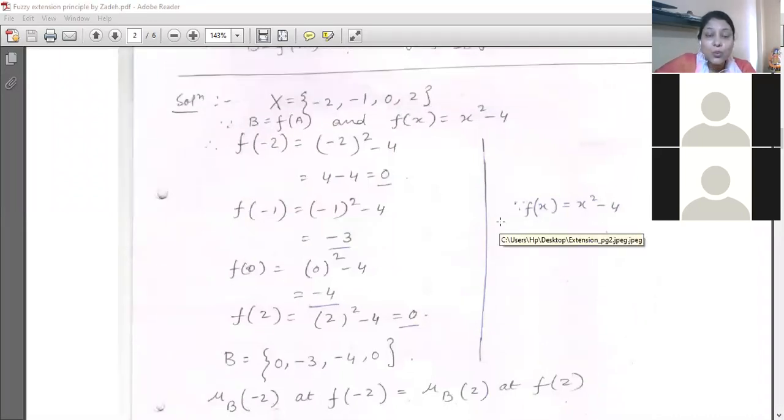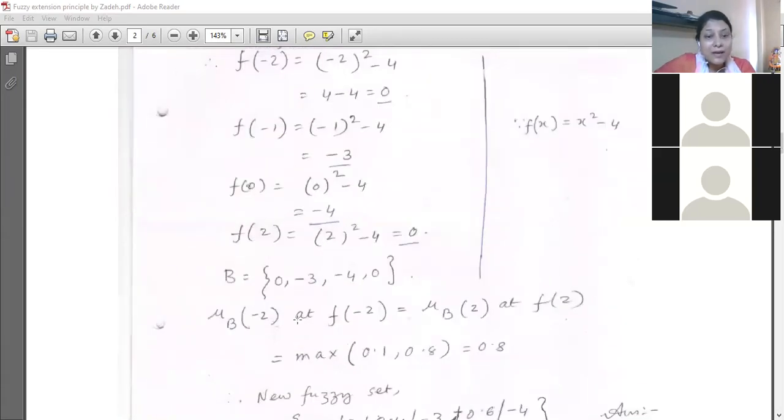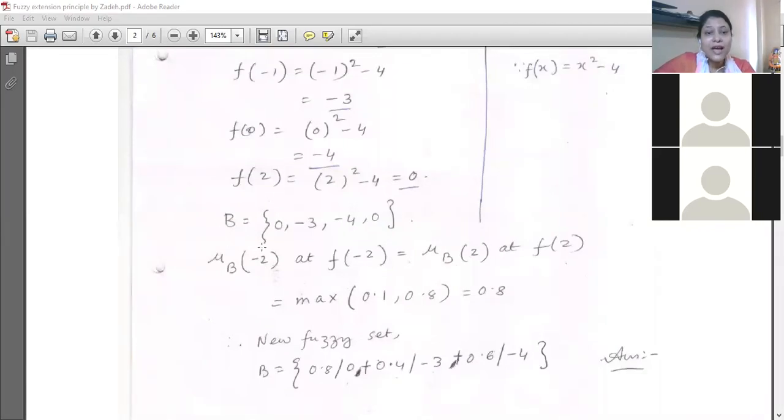So basically we will have three distinct y values for the new fuzzy set B. One is 0 because these two are common, another is -3, another is -4. Whenever we have a similar kind of thing, we are going to compute what our max is.